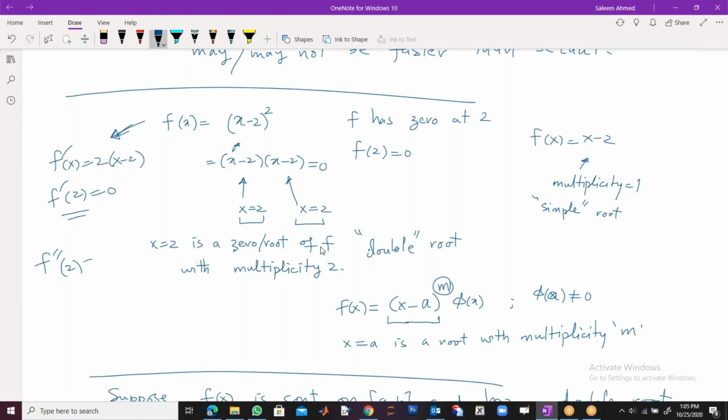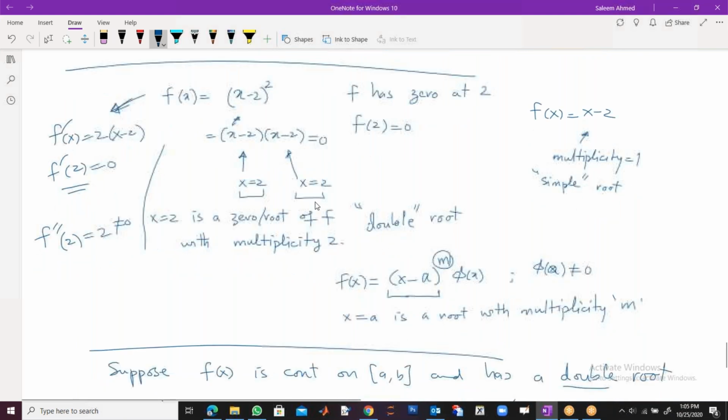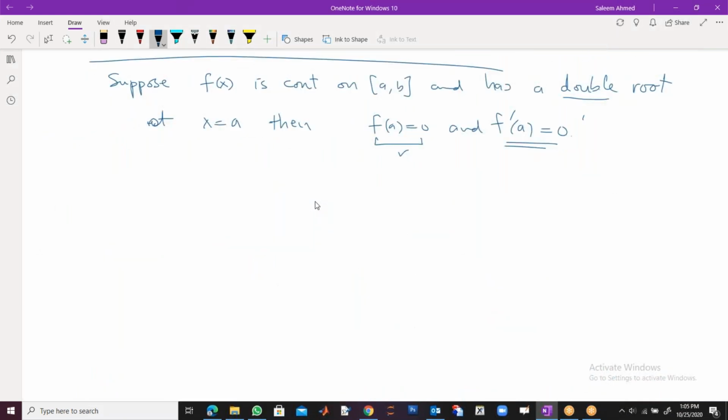The second derivative is just 2, which is not equal to 0. So here I should write, but the second derivative at a is not equal to 0. Similarly, if you have a root of multiplicity 3, then derivatives up to the second will be 0 and the third derivative will not be 0.